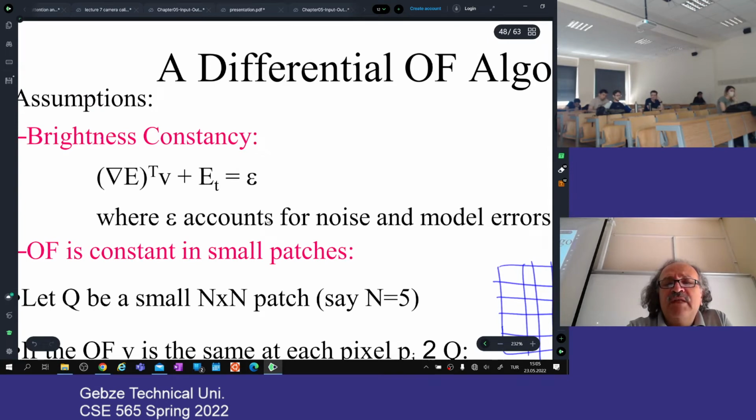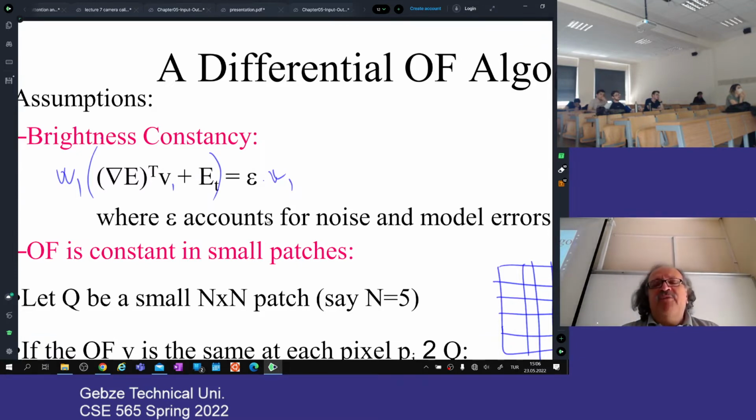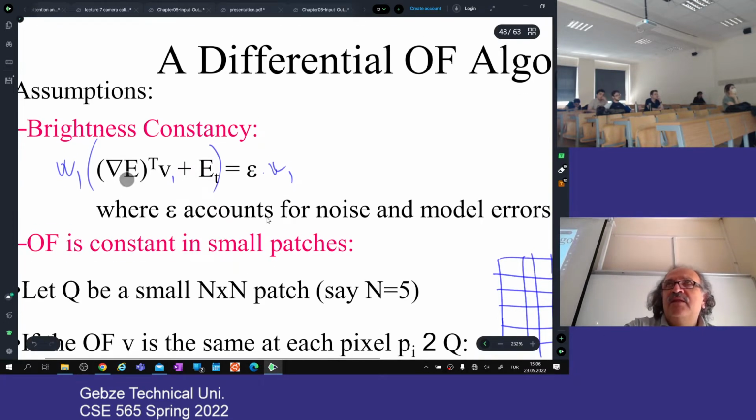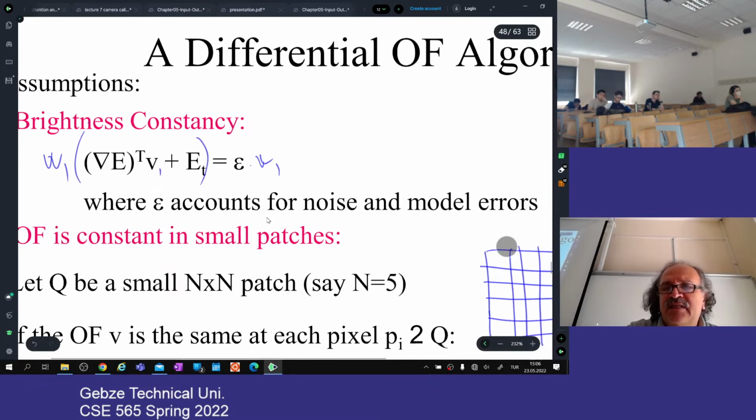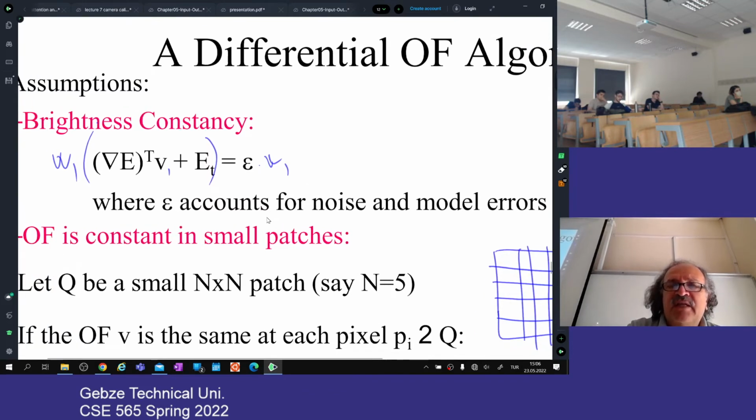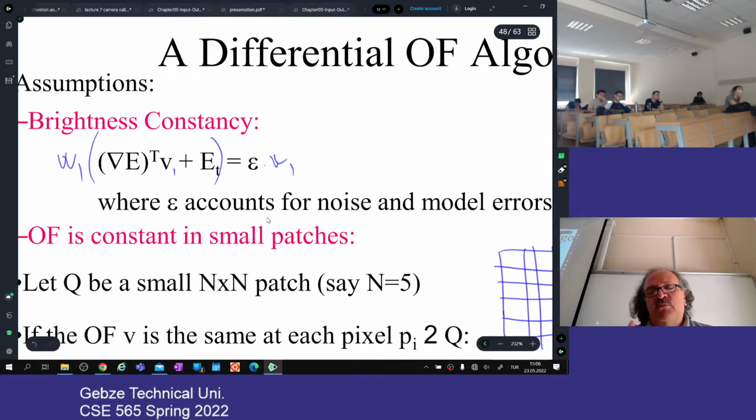So to calculate this, I multiply this equation with W1, for example, and this one times W1. W1 is just some kind of a weight. If this pixel is near the center, I am going to keep this W1 high. If this one is near the edge of the patch, then I am going to keep this W1 small.